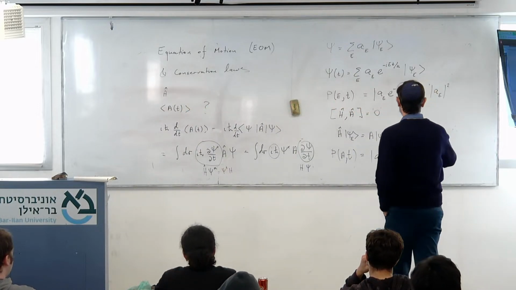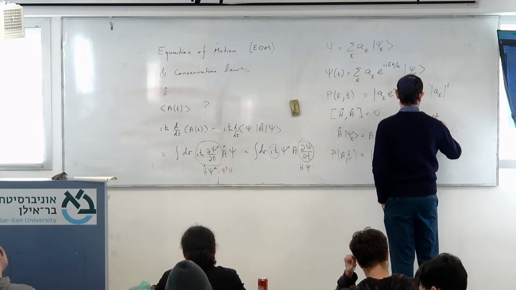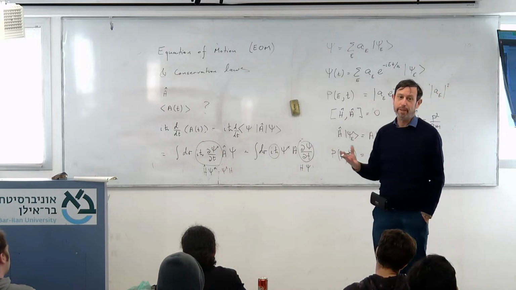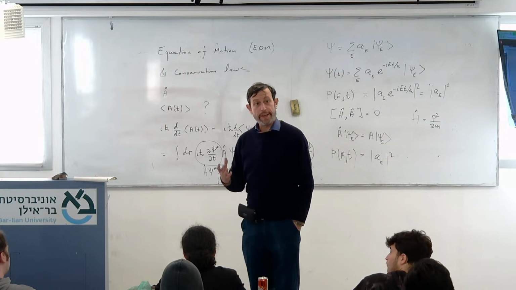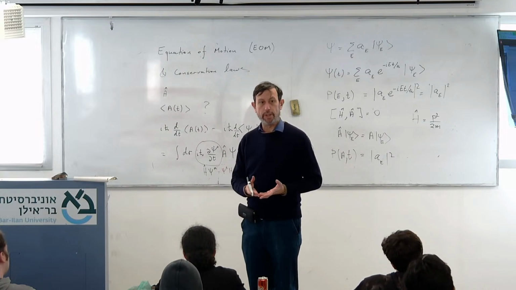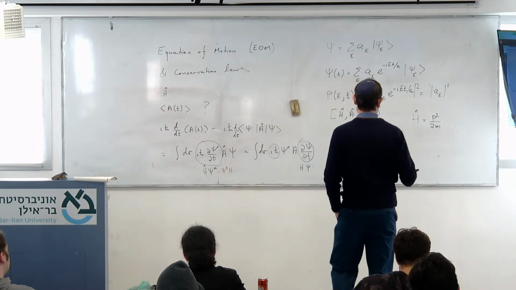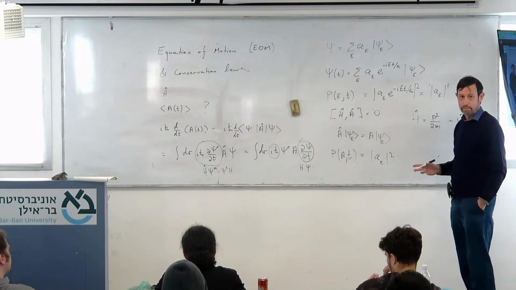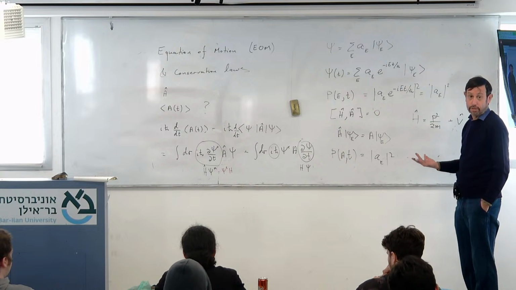Because the Hamiltonian is proportional to P squared, of course. If I have some potential in my system, then momentum is not conserved. Why?